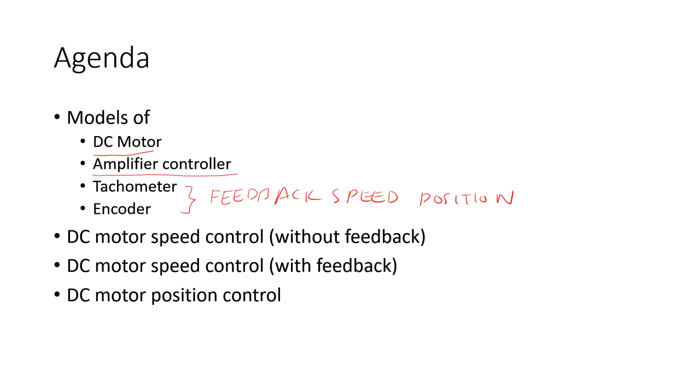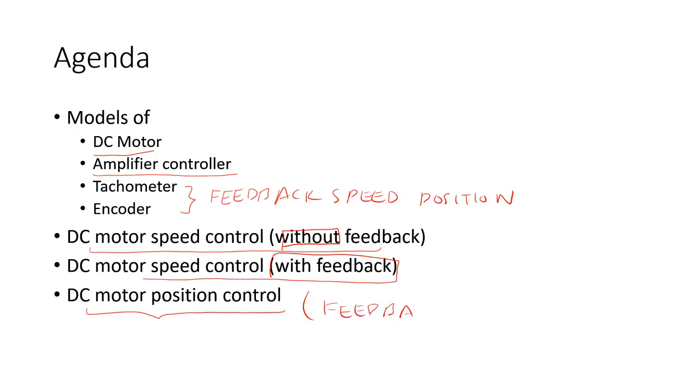And using these components, we shall compare the transfer functions of the DC motor speed control, the one without feedback, and the DC motor speed control with the feedback. And in the end, we shall also discuss in detail the DC motor position control that necessarily comes with the feedback of the position of the motor.